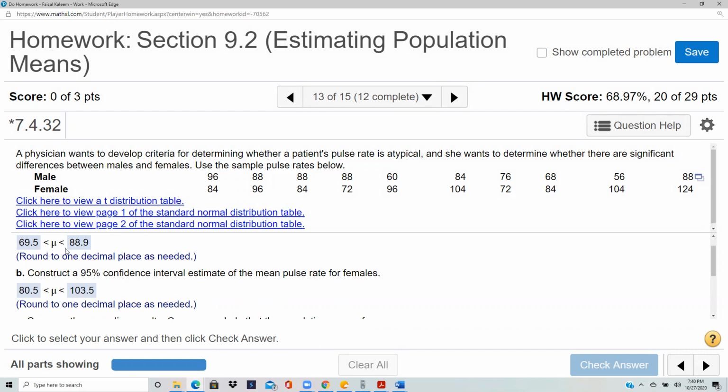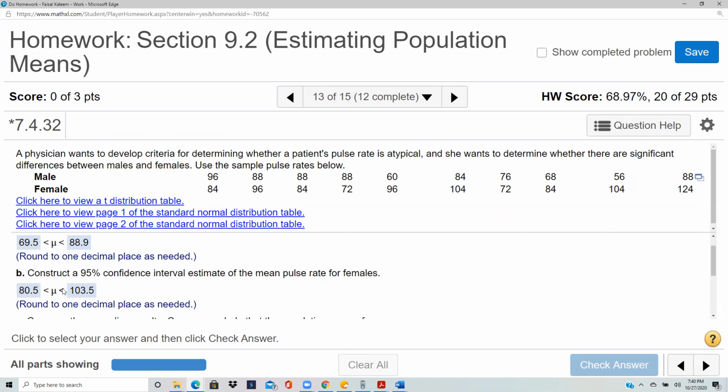As long as there is overlap between the two intervals, there is a possibility that the actual value is most likely somewhere here for the males, and similarly for the females it's one value somewhere here. So as long as the two intervals have some overlap, it is possible that the pulse rates may be the same.